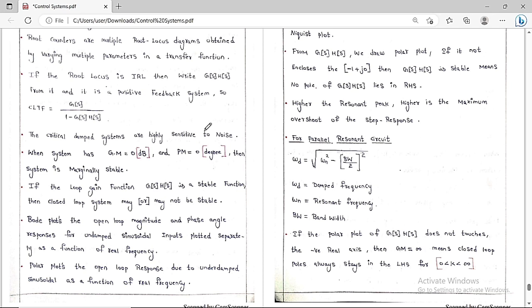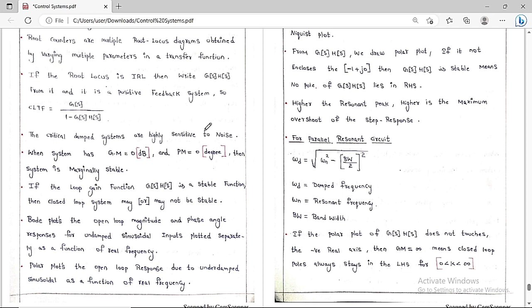So finally I can say, suppose they are given an inverse root locus, then from the inverse root locus try to figure out the G(s)H(s) open loop transfer function.